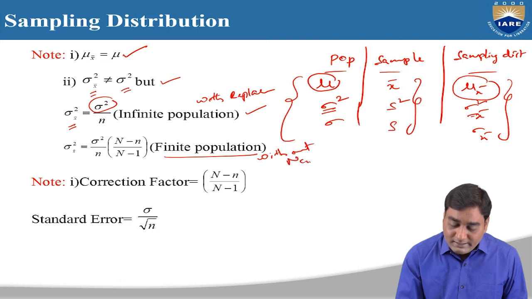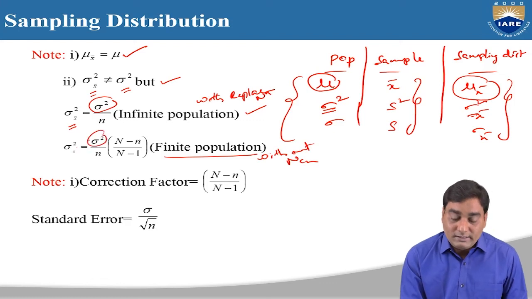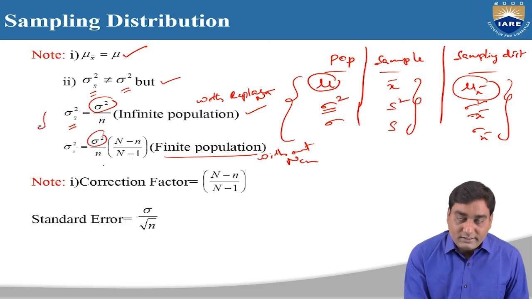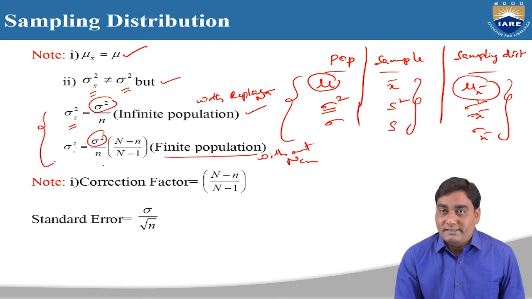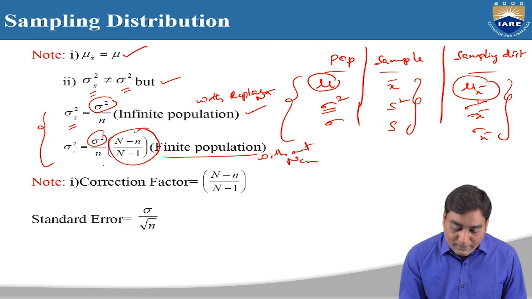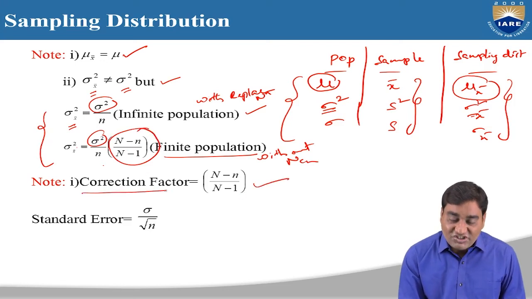Without replacement means NCn, with replacement means N power n. Sigma square x bar is not equal to sigma square, but sigma square by small n into capital N minus small n by capital N minus 1. These conditions are satisfied in the variance cases. Here, the extra term, capital N minus small n by capital N minus 1, is called the correction factor.